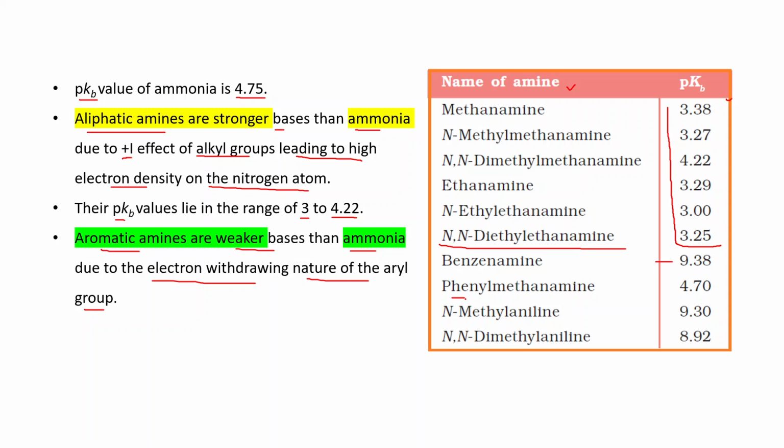This is phenylmethanamine. This again contains an aromatic ring. That's why its pKb value is greater than these aliphatic amines but lower than the other aromatic amine. So we can say aliphatic amines are stronger bases than ammonia and aromatic amines are weaker bases than ammonia.